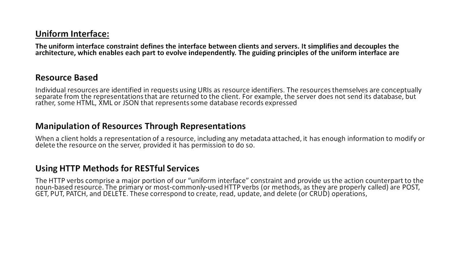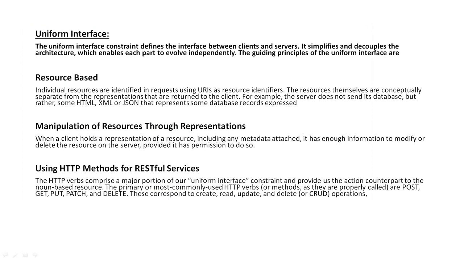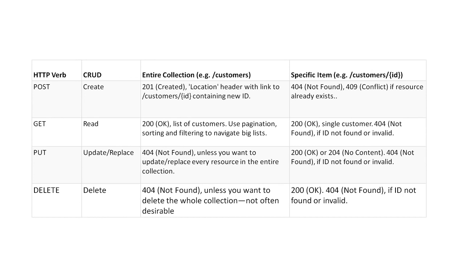These are the HTTP methods which are equivalent to read, create, update, delete. And whenever the operation is successful, you receive an HTTP response code starting with 2. If you encounter any problem, you receive a non-2 return code. Okay, that is about the uniform interface. Any questions?